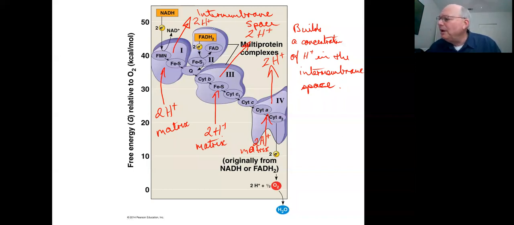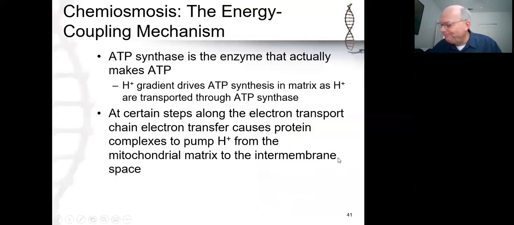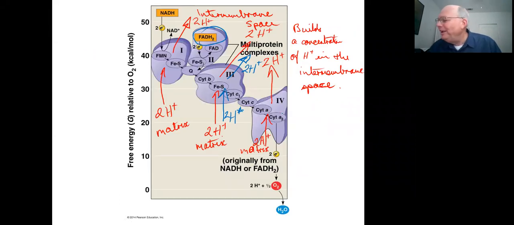So for FADH2, the hydrogen ions again come out of the matrix and into the intermembrane space, but they only do so through complex number 3 and complex number 4.